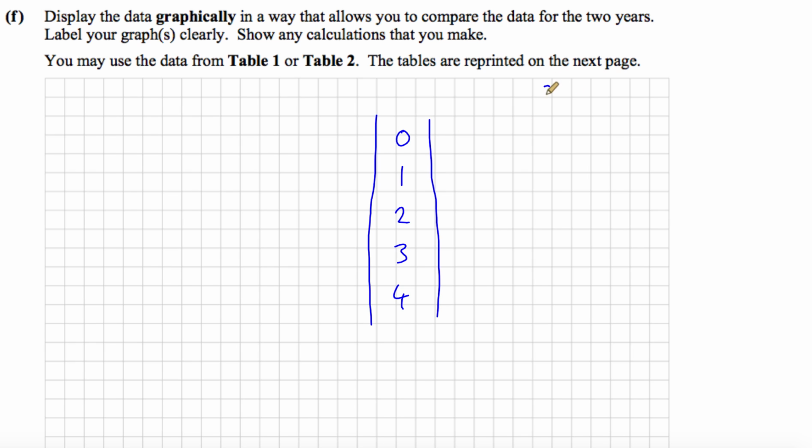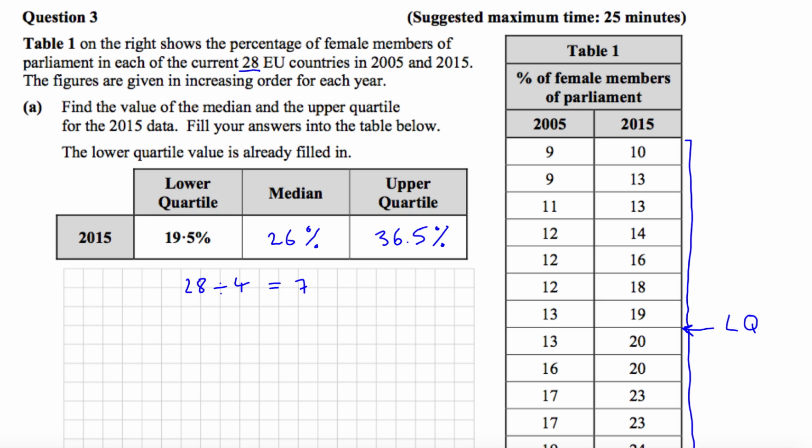So I'm going to have 2015 over here, and I'm going to have 2005 over here, and then I'm just going to fill in my values. They're already in order, which is nice. For 2015, there's none in the first group, but then I have 10, 13, 13, 14, 16, 18, and 19 in the first group.